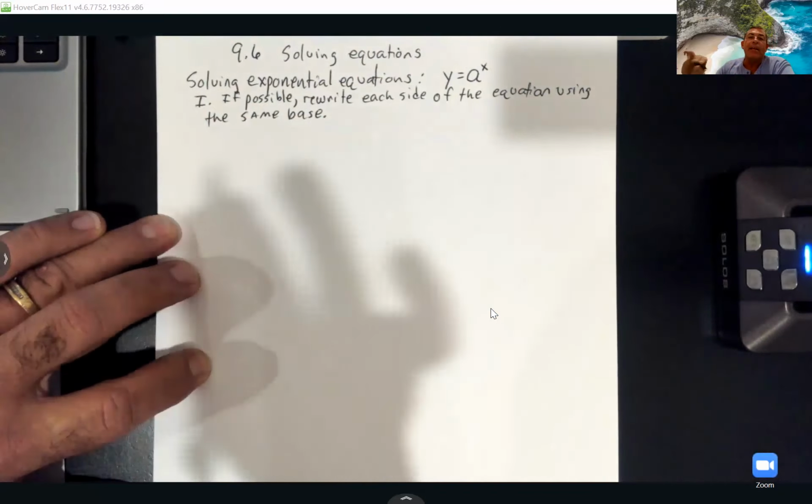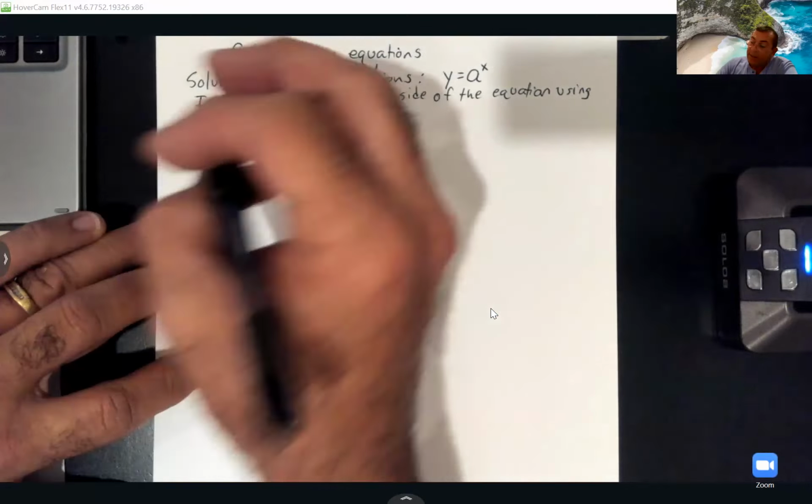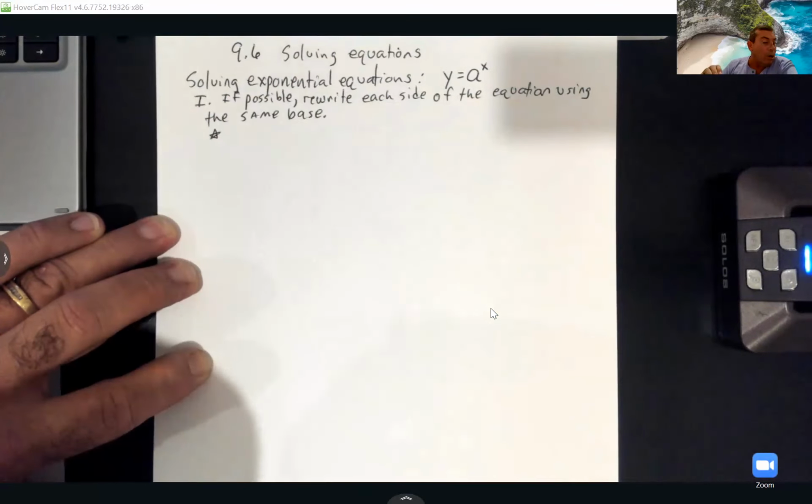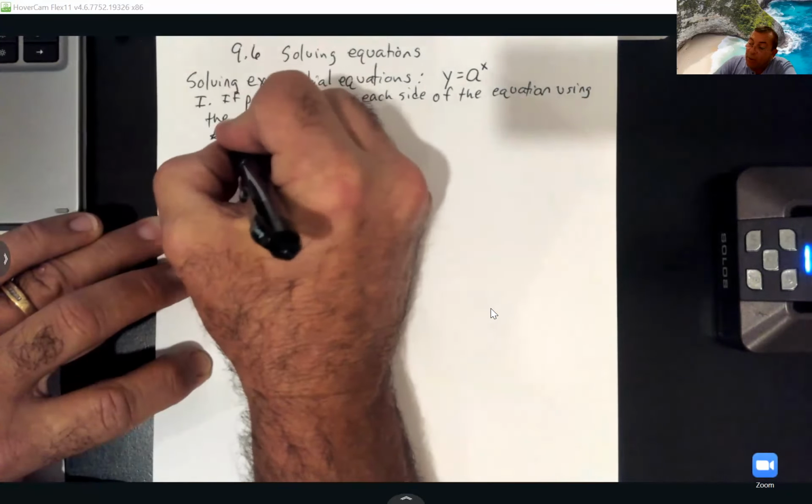So if I can get each side to match with the base, then I can invoke what we call the base exponent property.